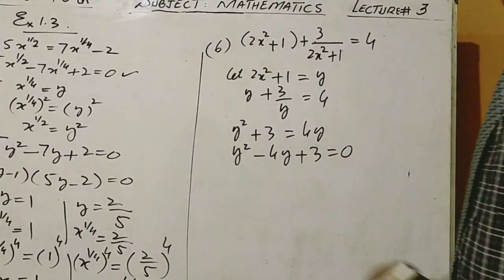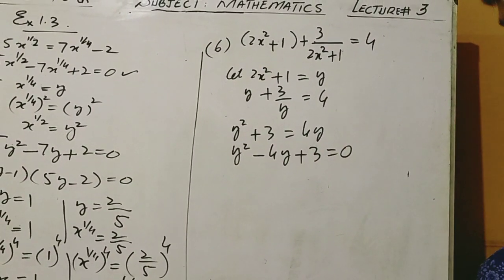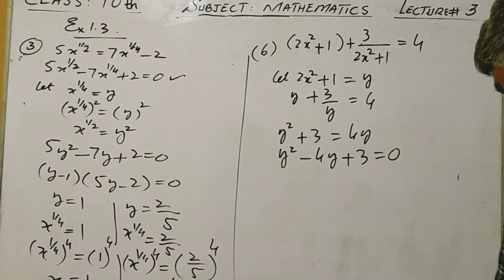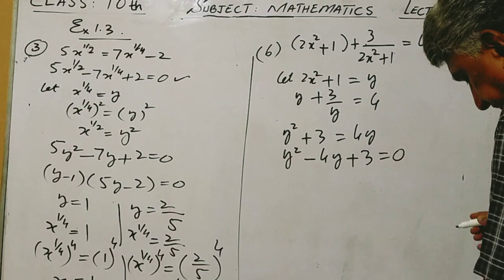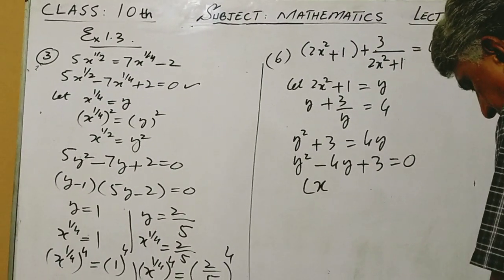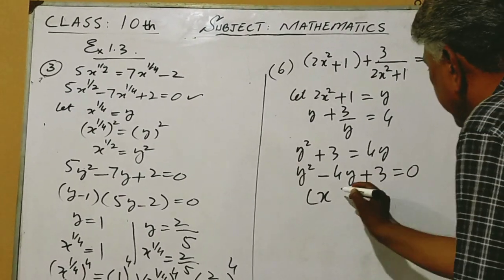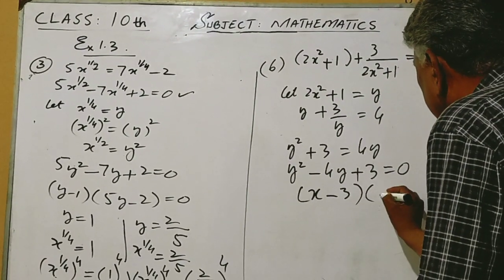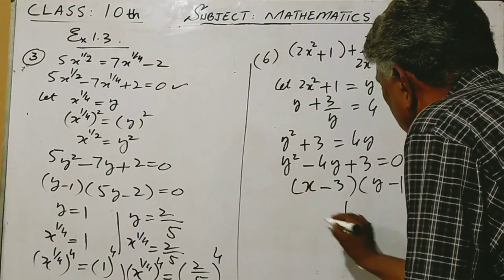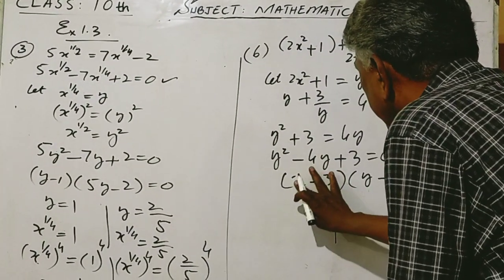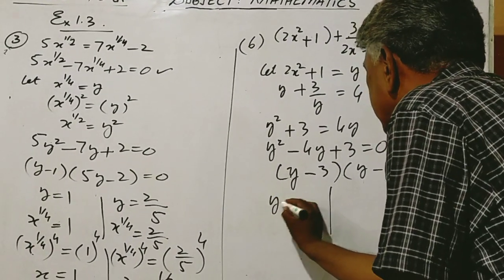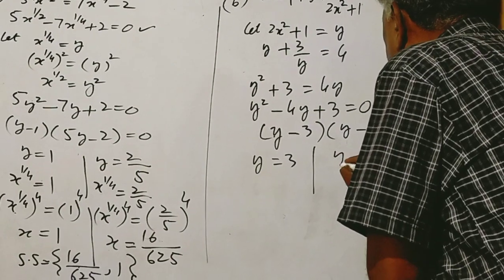Again you will factorize this equation, and after factorization you will get the two factors, which are y minus 3 and y minus 1. So y is equal to 3, y is equal to 1.